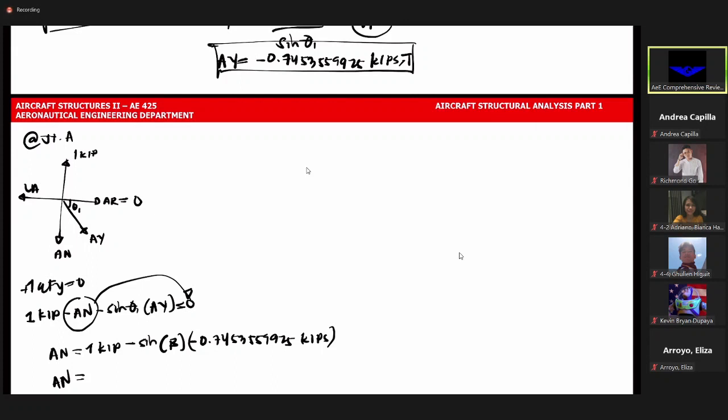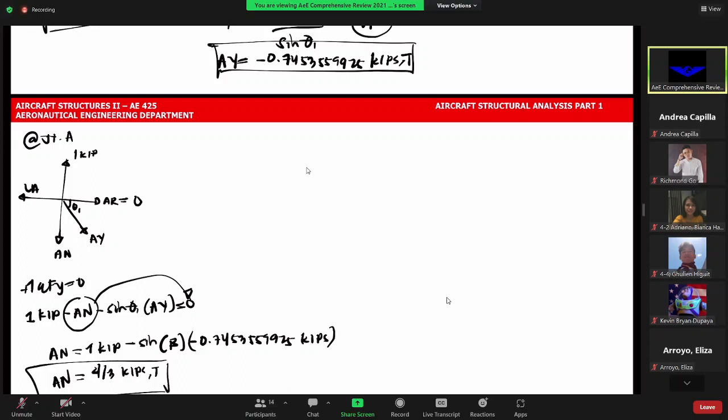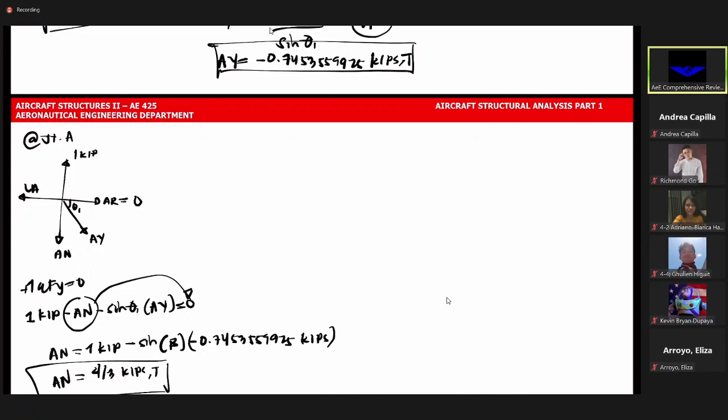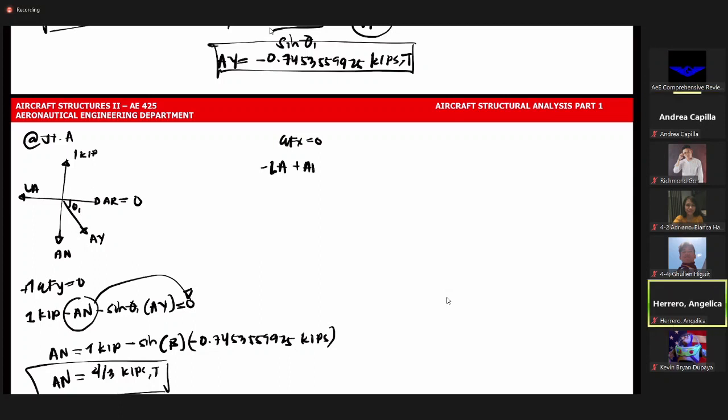Okay, so we have 4/3. That is 4/3 kips tension. 1.33, that is 4/3 also. Next is summation forces X. Summation forces X is equal to 0. We have negative La, positive Ar, and then positive Ay cosine theta sub 1 is equal to 0. However, Ar is 0.